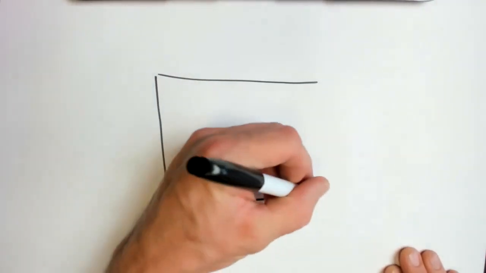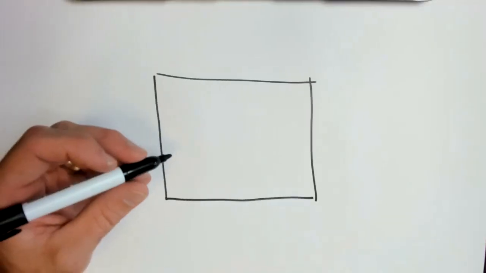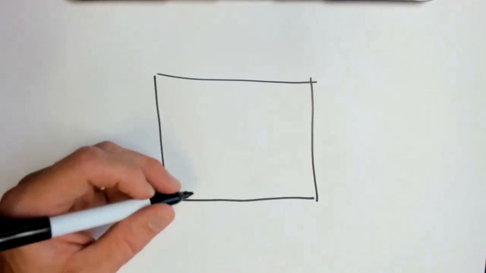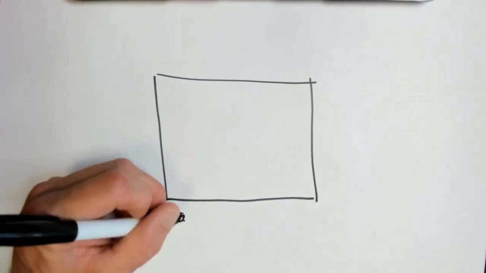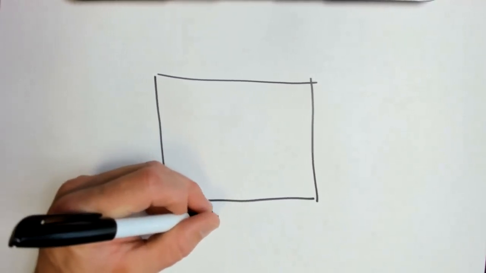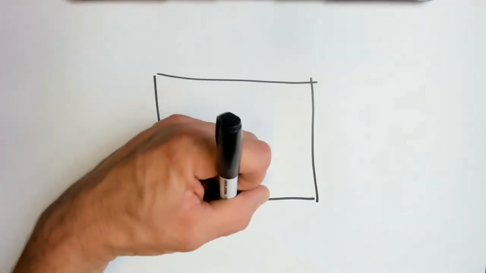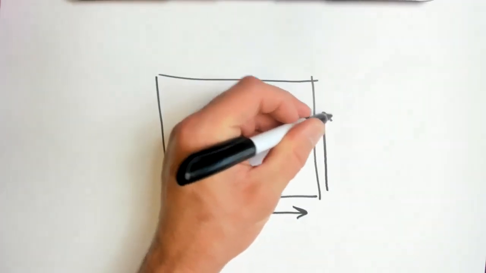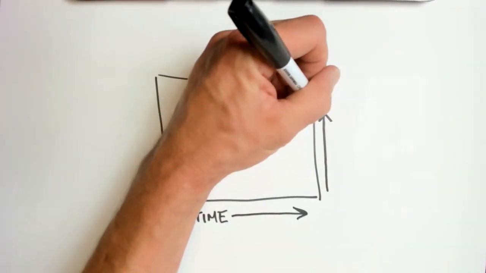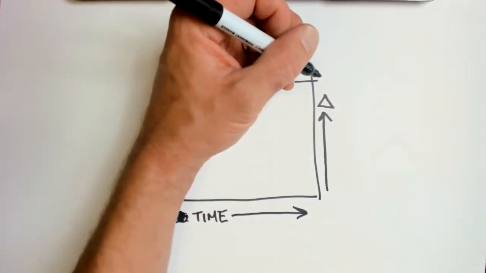this, where we have time at the bottom of the graph, and this might be the rate of change. Let's put a delta for change.